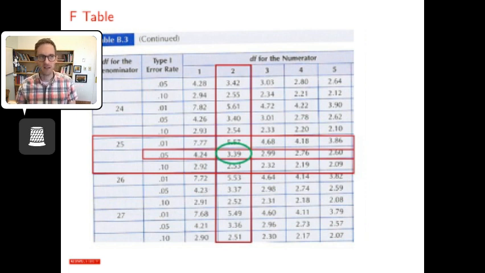Remember, that's our willingness to accept some risk that we might reject a true null hypothesis. And the critical value here would be 3.39. So we would compare our test statistic that was calculated to this critical value of 3.39 and determine whether or not there was some difference between groups A, B, and C. And again, we'll be going through that together in class.